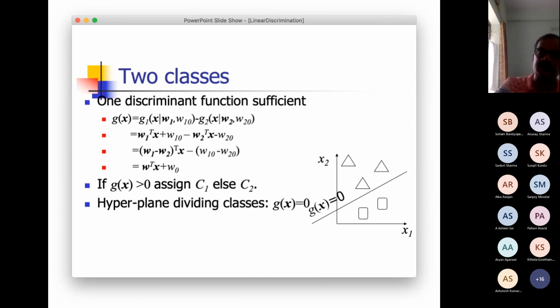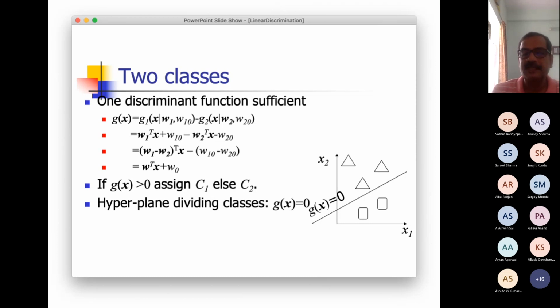So we may consider a vectorial representation in the two-dimensional space like this, where that hyperplane becomes a straight line. The equation of the straight line you can represent in this form, right? G(x) equals 0, which means I can say W1 x1 plus W2 x2 plus W0 equals 0.